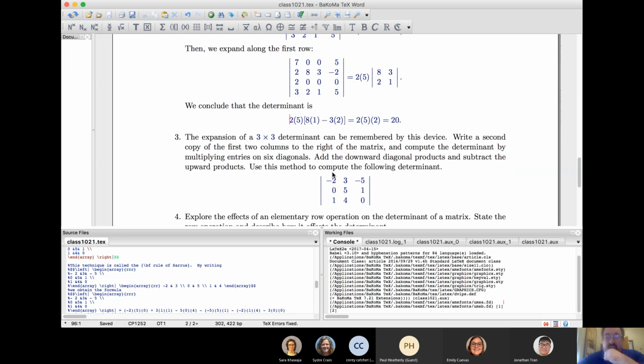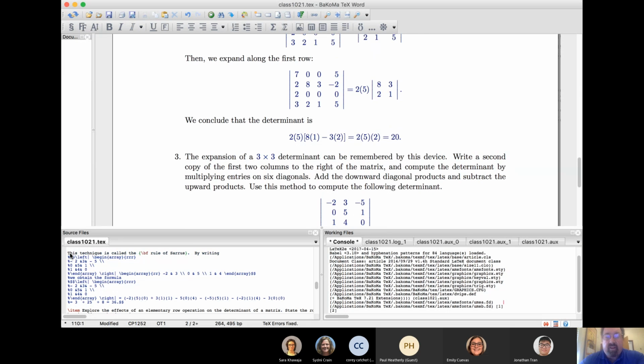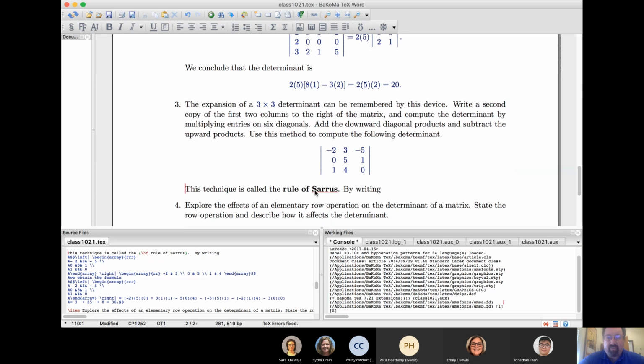Right. Here we have a determinant of a 3 by 3. Now, there's actually a trick that can be used for 3 by 3 determinants, and only 3 by 3. It does not apply for any other size matrix. But it's certainly a trick that's worth knowing. And it's called the Rule of Sarrus. Sounds like something from Lord of the Rings.